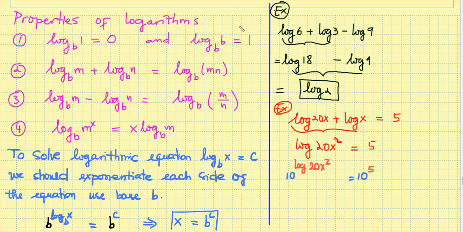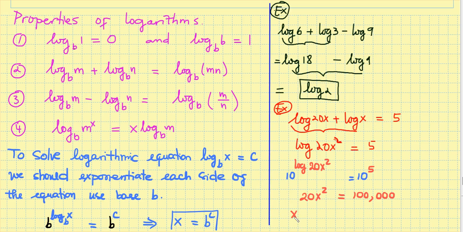Now you can see that we'll be able to cancel the log. So now we will have 20 x squared equal 10 to the power of 5, which is 100,000. Now we just need to solve for x normally.